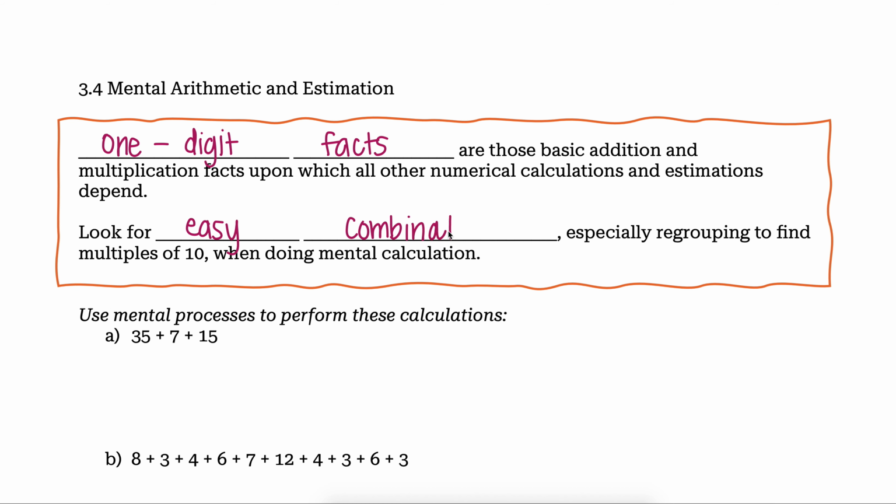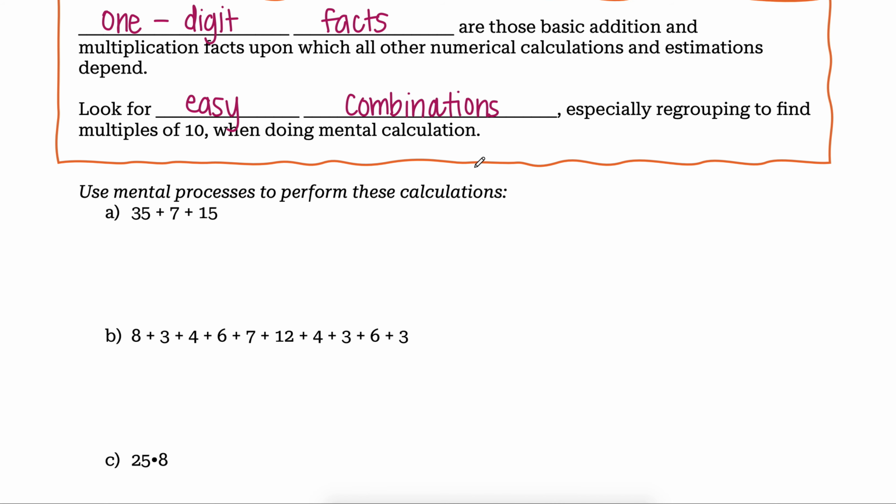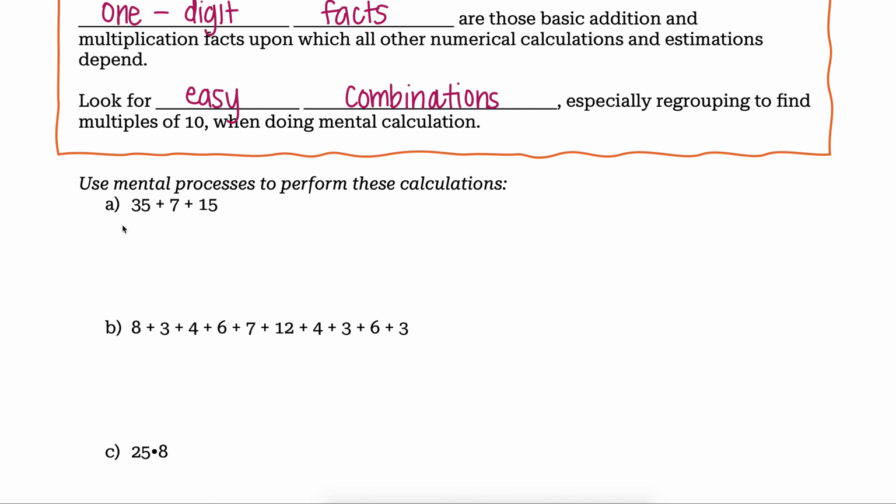So easy combinations, and I'll do some examples here to show you specifically what I mean. These are things that add up to tens or multiples of tens. This first example, you're asked to add 35 plus 7 plus 15. With arithmetic, the order doesn't matter. You can rearrange things.